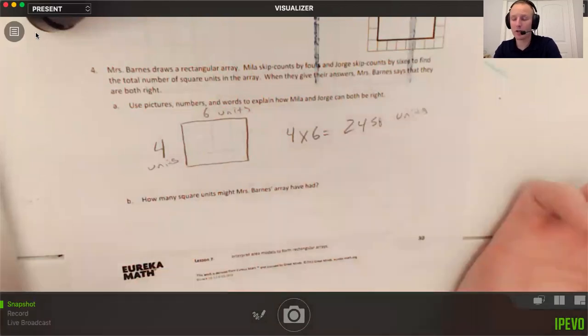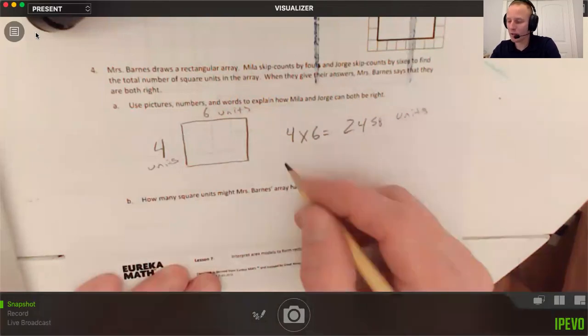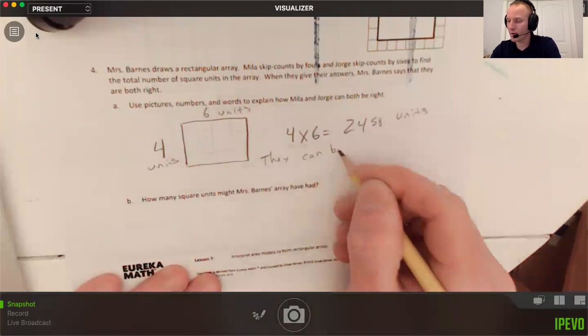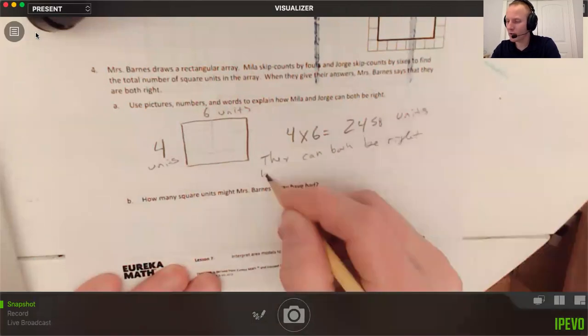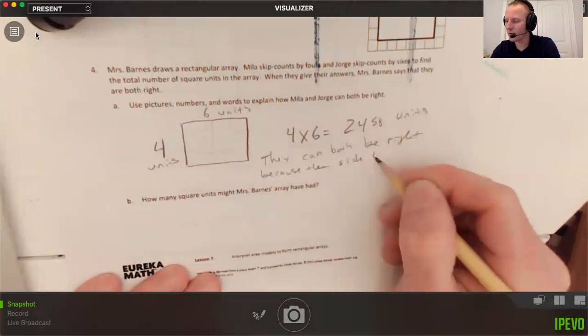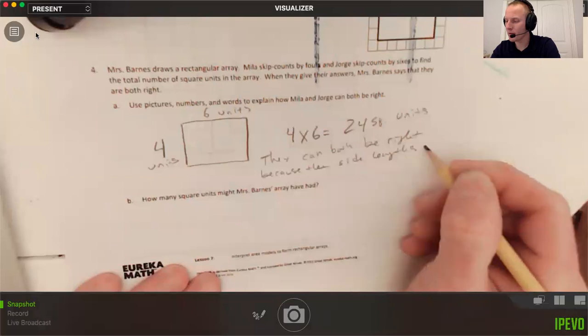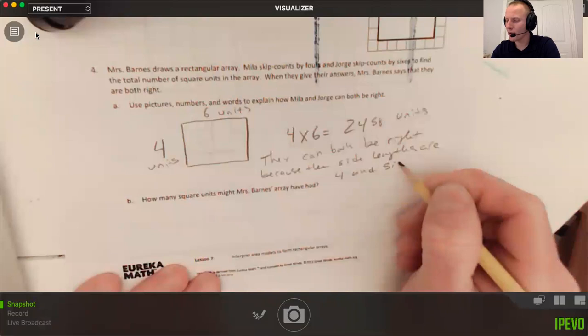It didn't ask for the area, but we can give it. And my sentence would say something like, they're both right, because side lengths are 4 and 6, so you could count by either.